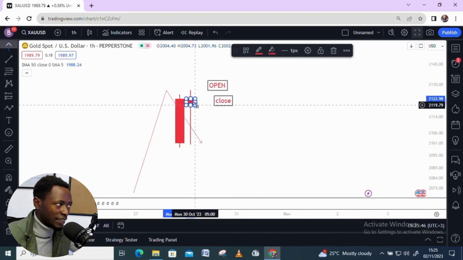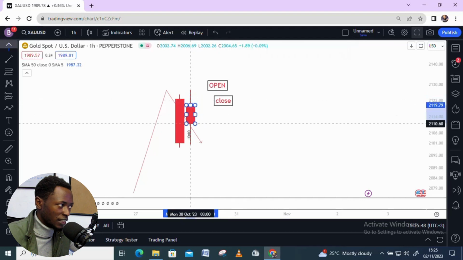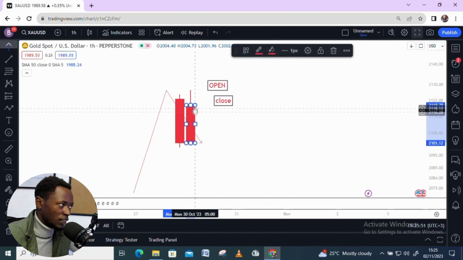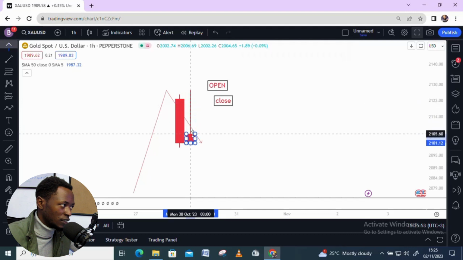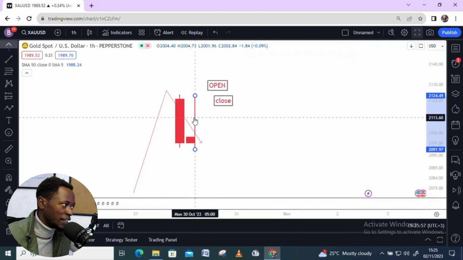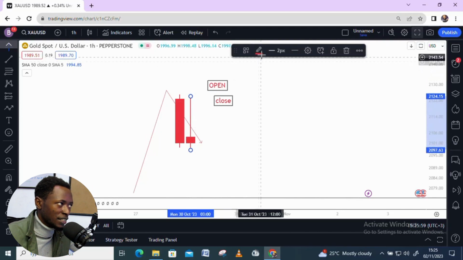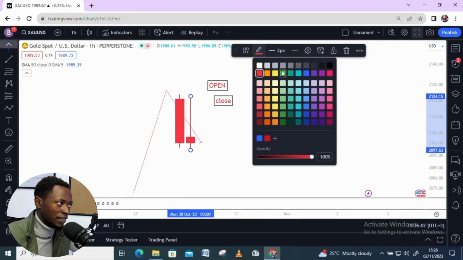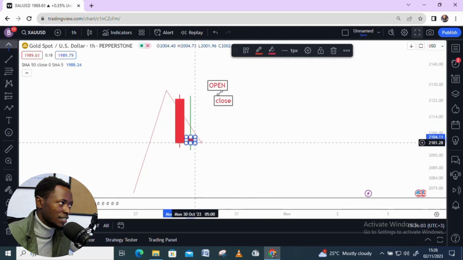This forms at the bottom of the trend. They signify a bullish presence in this market.